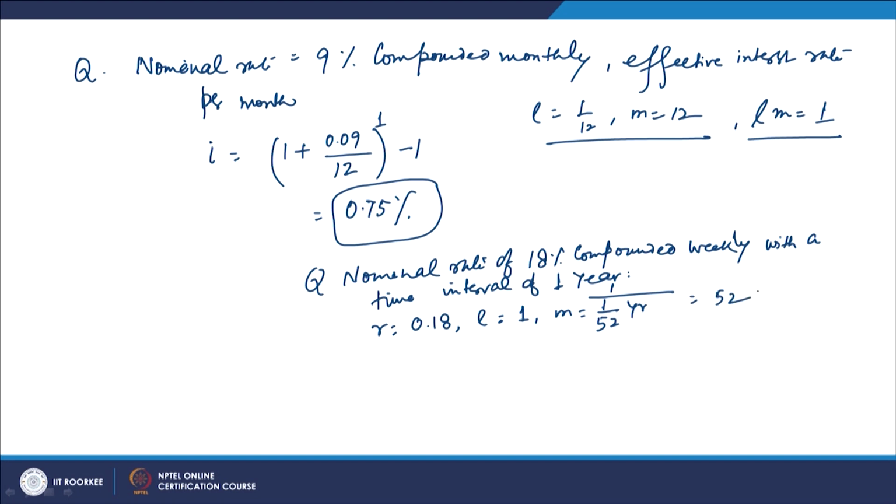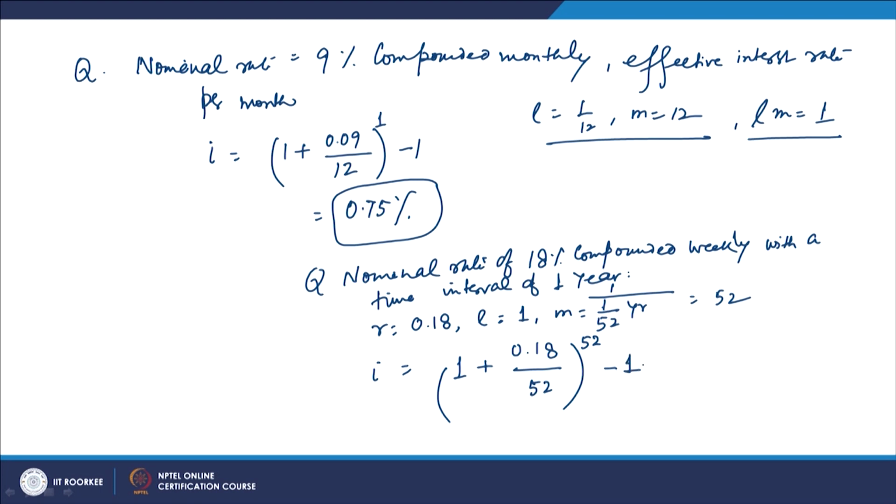Now your effective interest will be 1 plus R, which is 0.18, divided by M, which is 52. Now, L is 1 and M is 52, so L into M is 52, and then minus 1.